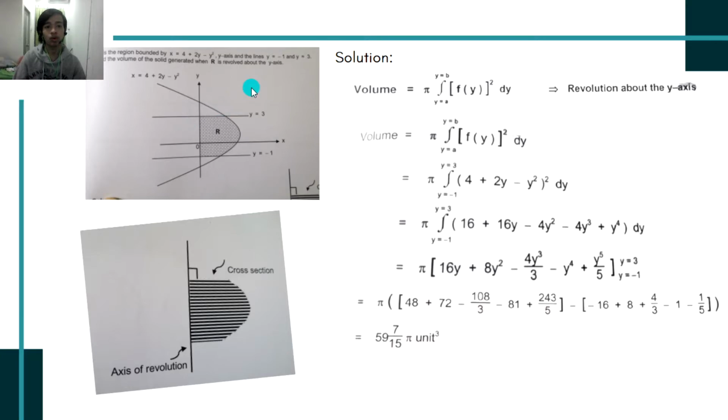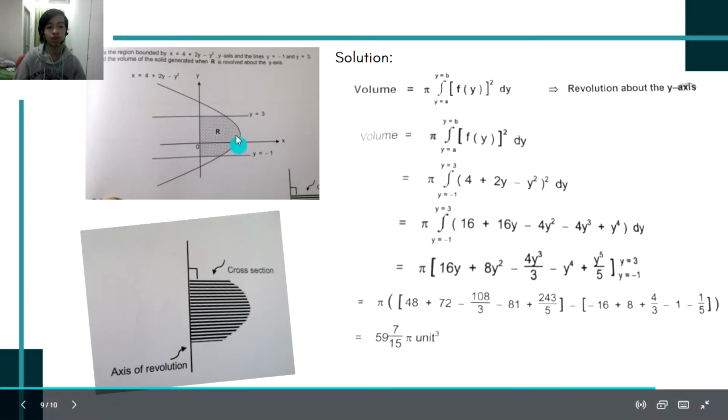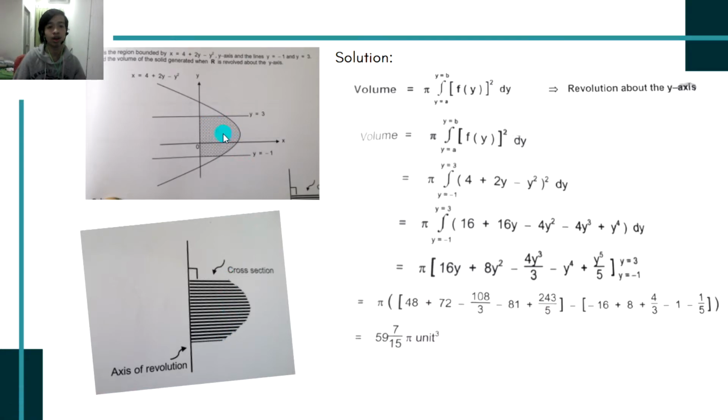So since we know that it's revolving around the y-axis, our next step is putting in our cross sections into the shaded area. Since it is revolving about the y-axis, our cross sections will be put in horizontally like this. So we know we are using the disk method because there is no gap between the shaded area and the axis where it is revolving.